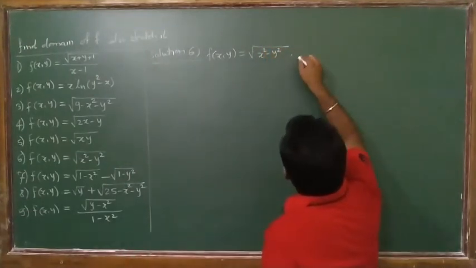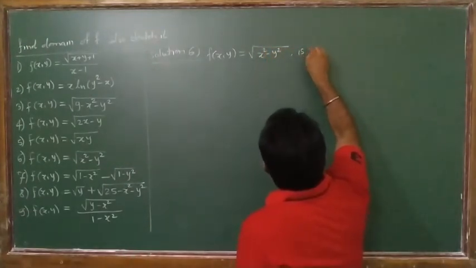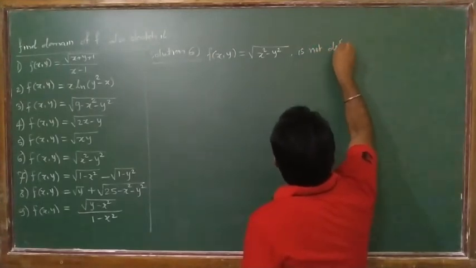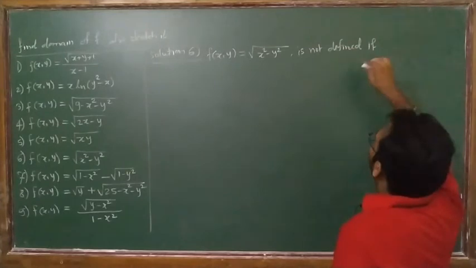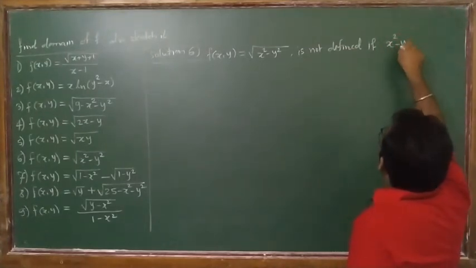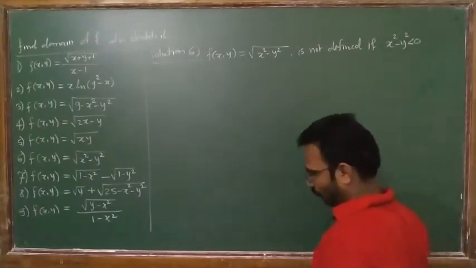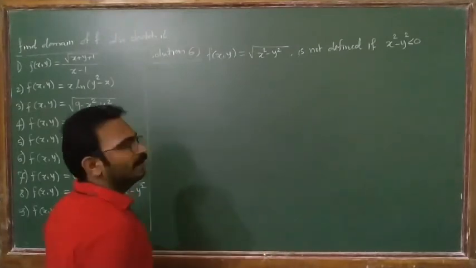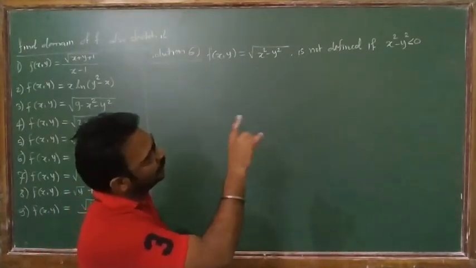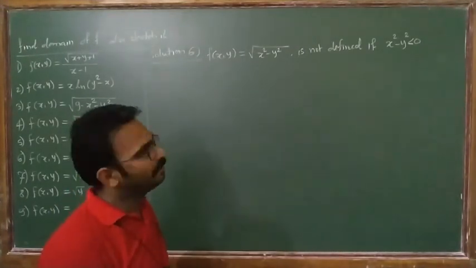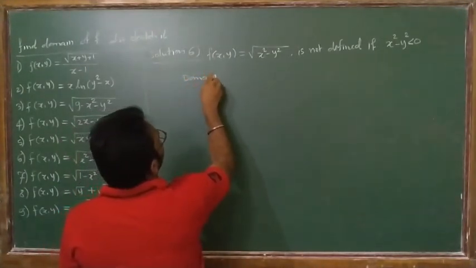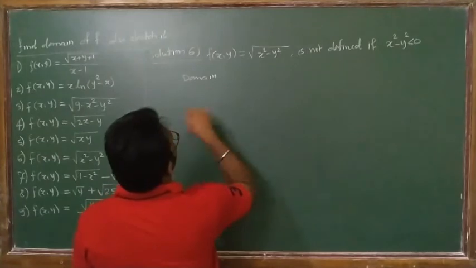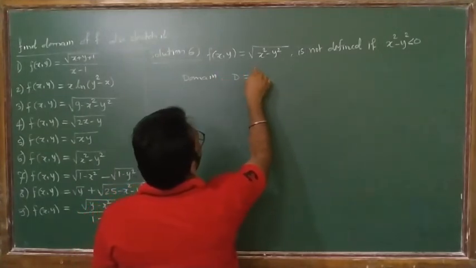So again, the function will not be defined if the quantity inside the square root is negative. So what should be the restriction on R2? This quantity should not be negative. That means this quantity should be 0 or positive.